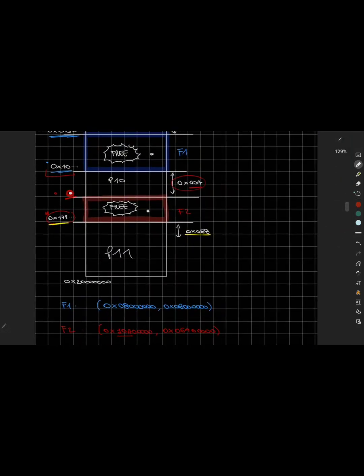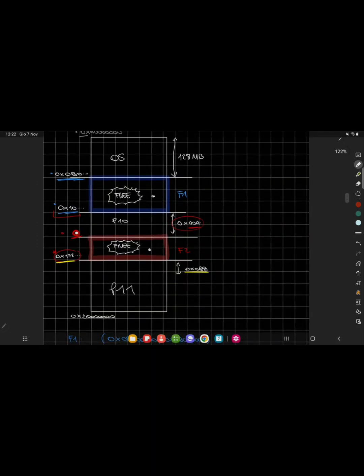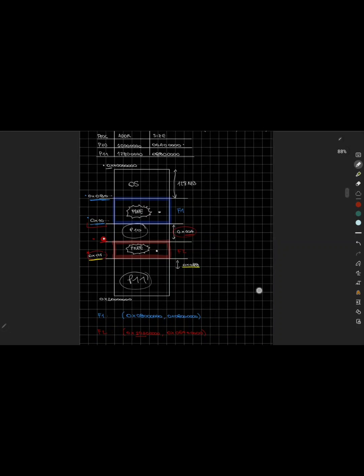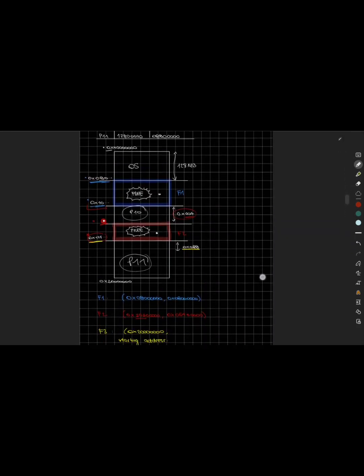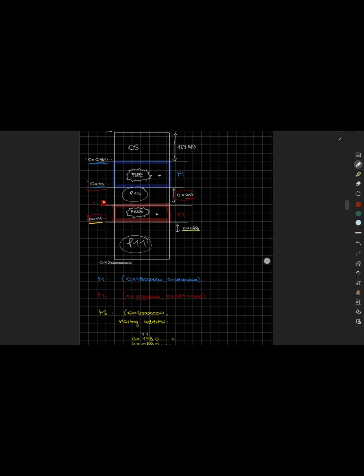It's not really representative of the memory because this one is smaller than this one, but anyways, this is a visual representation. We found out later that there was no free space after P11.